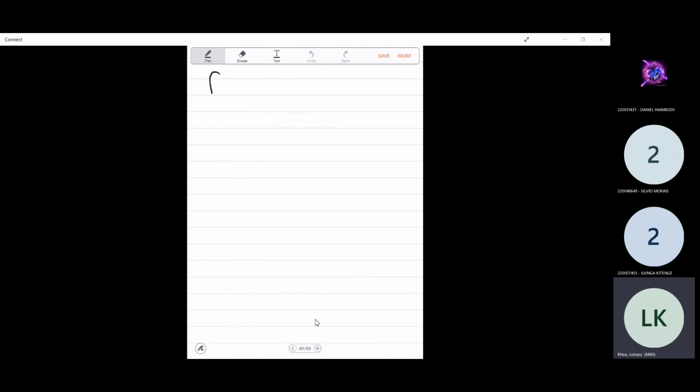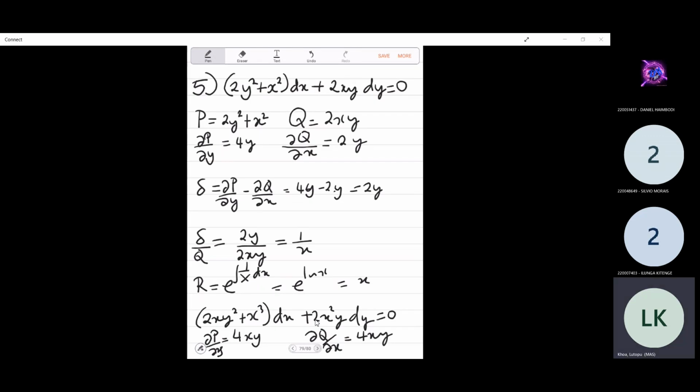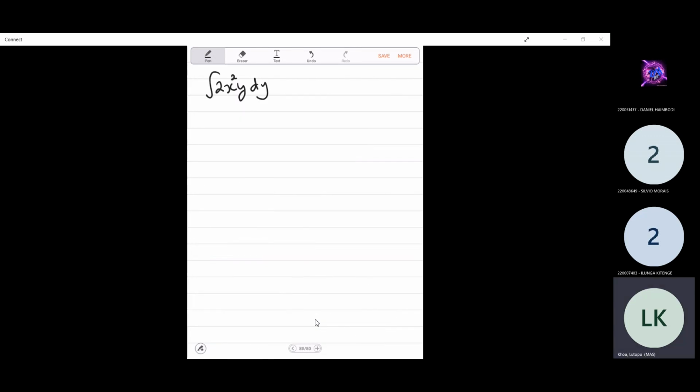So I have the integral of 2x squared y dy, and this is x squared y squared plus a function of x, and differentiate that with respect to x.